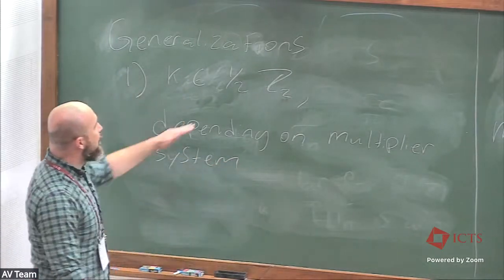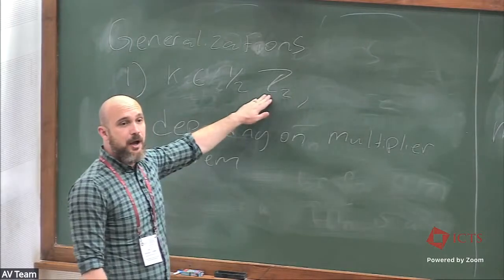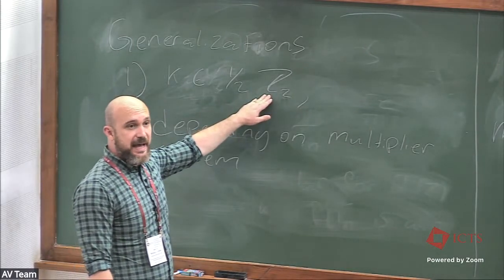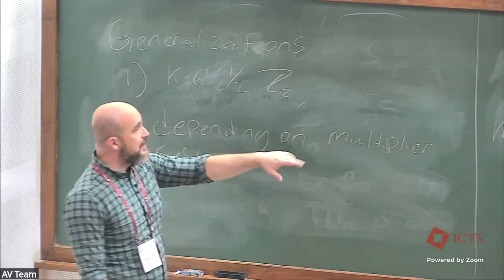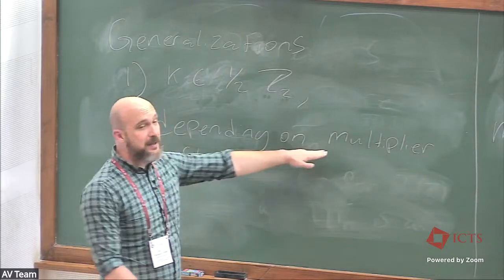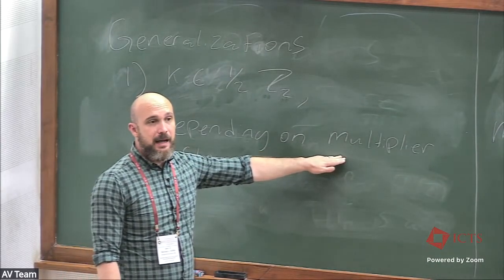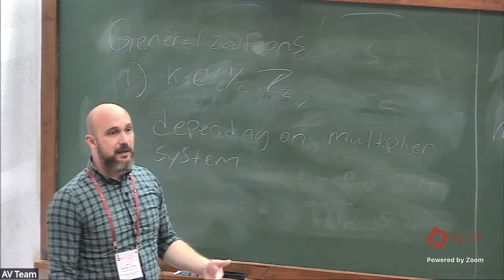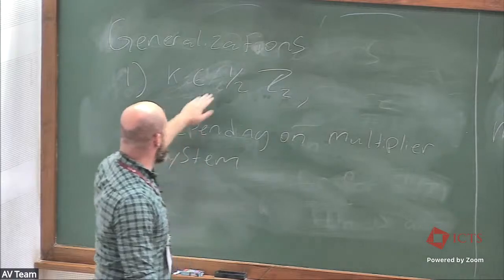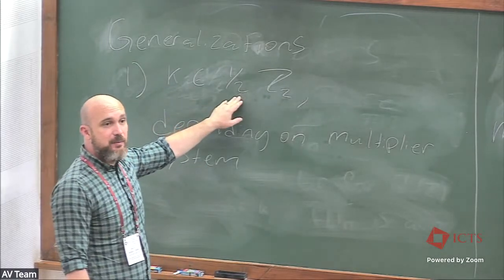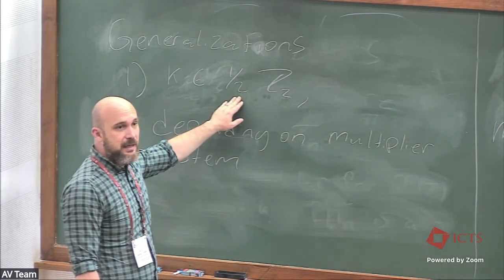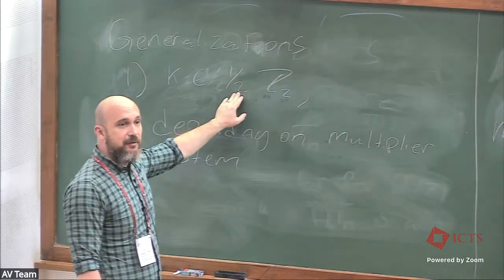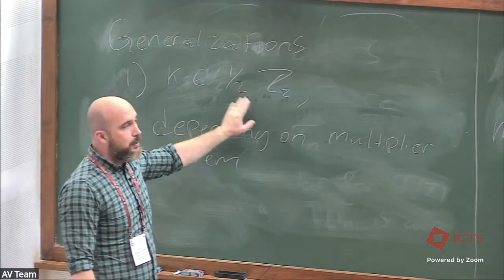If we want Hecke operators for odd weight, we can do that, but we have to generalize our definition here, incorporating this multiplier system. It's got to behave nicely with respect to that multiplier system, or else we're just going to get zero forms. Same thing with half integer weight. They're a little bit more complicated in half integer weight. In fact, the indices of all of our Hecke operators in half integer weight are always squares.